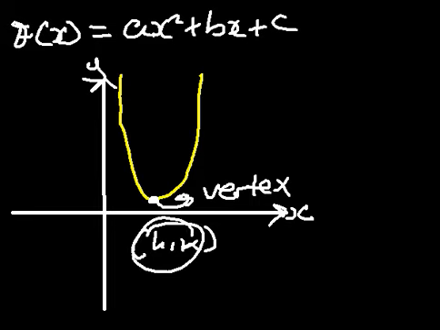So these are the coordinates at the vertex or turning point. Now, since the graph is concave upwards, this is the minimum point, and the value of k at this point, the y coordinate, is said to be the minimum value.